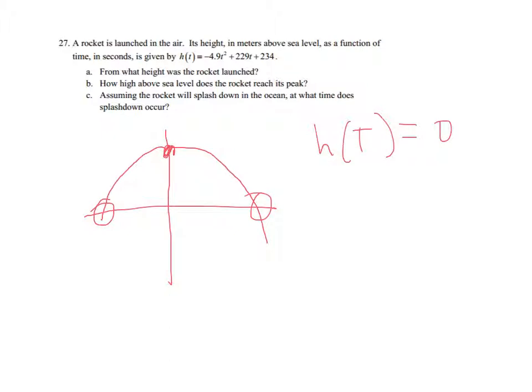Now, we certainly don't want to try to factor that, so this is a perfect time to use a quadratic formula app. And what you're going to know is that a is negative 4.9, b is 229, c is 234, and now you can go use the quadratic equation solver of your choice and get the answer.